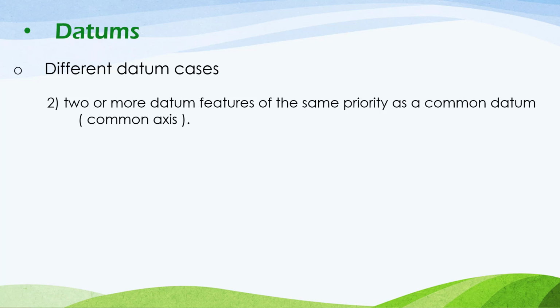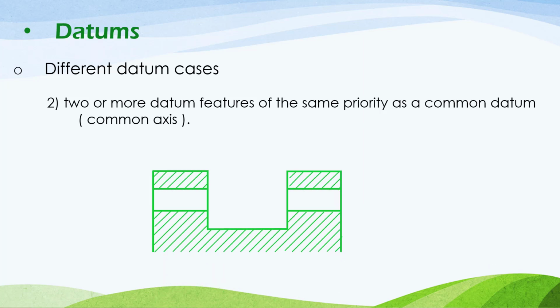Also, the second case of the datum feature is to have two or more features, but they have the same priority. And an example of this, if we have this workpiece, for example, and we have two datum features, datum A and datum P, as you see. But the two datum features are specified according to the same axis or the same reference line. As you see, they are aligned on the same level or the same reference line, and for this reason we say that those two features are having the same priority, as the priority here means that we can start the tolerancing operation from any datum of them, as both of them are on the same level.